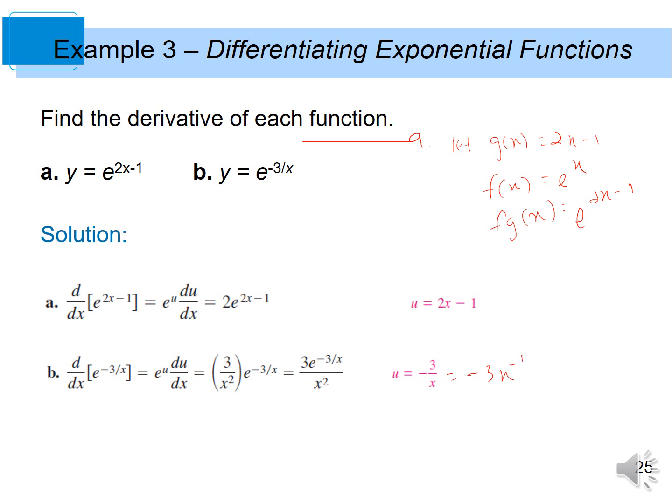So we use constant multiple rule to get the u prime. So e to the u times u prime, so here is e to the u times u prime. Use power rule and we get this answer, and we simplify.